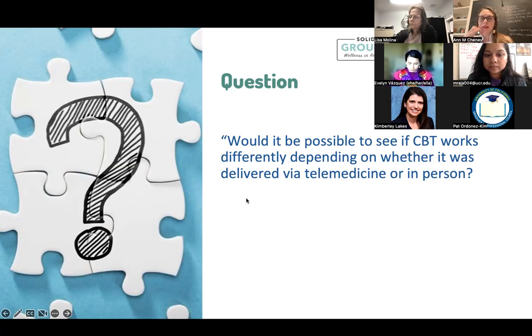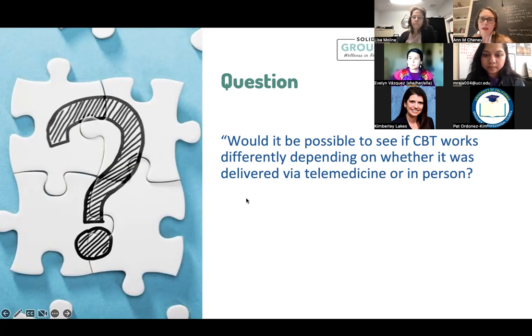What we notice from our tracking is that a lot of the individuals in the in-person sessions either showed up late or struggled to get to the clinic, or because it took them so long to get to the clinic, we noticed that they weren't as focused in comparison to the participants in our telemedicine group. And we can get this from observations.